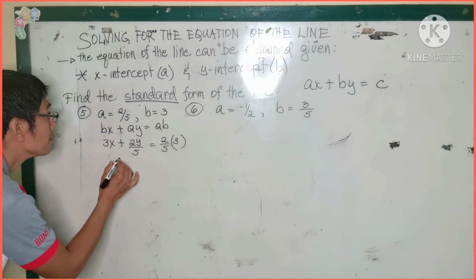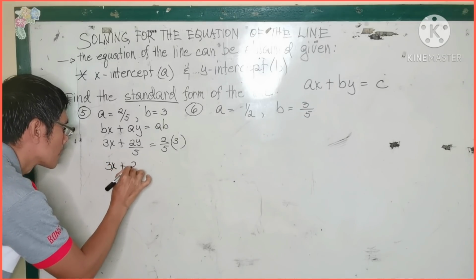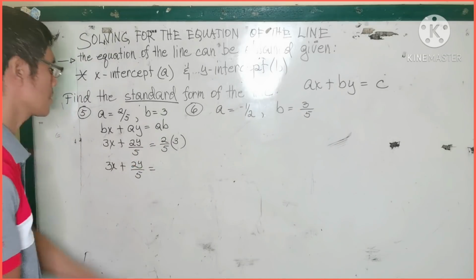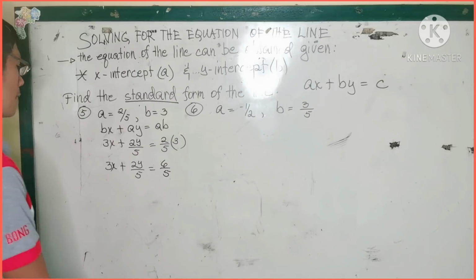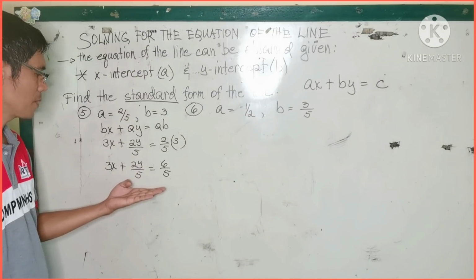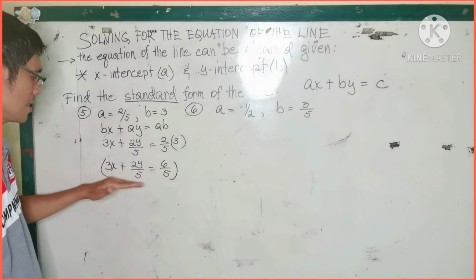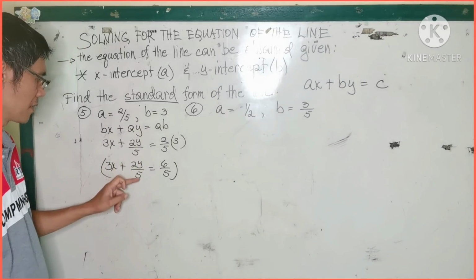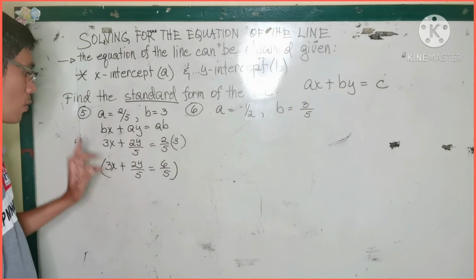So we have 3x plus 2y over 5 is equal to 2 times 3, that gives you 6 over 5. So that we do not have to manipulate fractions, let us multiply by the LCD. So you have 3x over 1, 2y over 5, and 6 over 5. Our denominators are 5 and 1. What's the LCD?